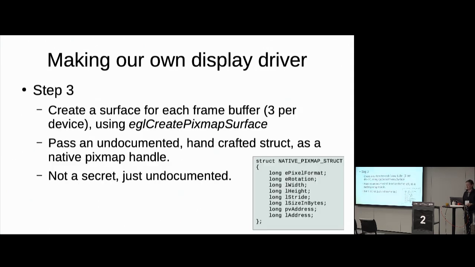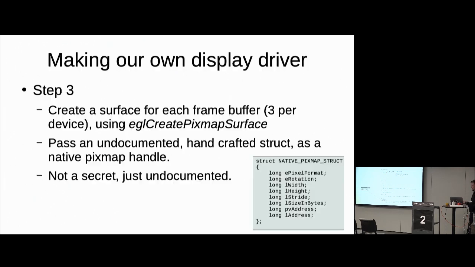Step number 3 was that for each of these frame buffers that we had, which is 3 frame buffers dedicated in discrete memory for each of the screens, we had to create something called a pixmap surface, which is an OpenGL surface. And of course, Texas Instruments had support for something they called a native pixmap surface, undocumented.